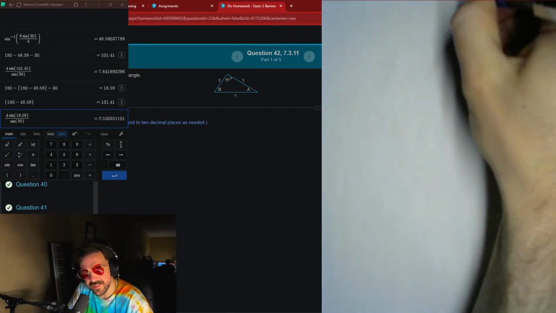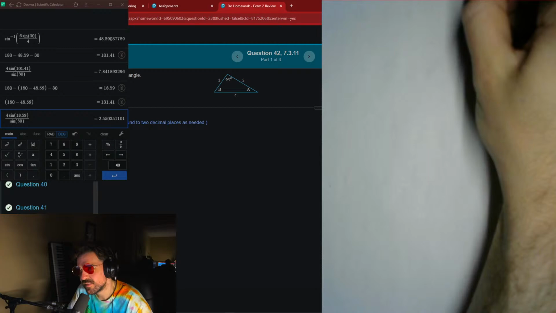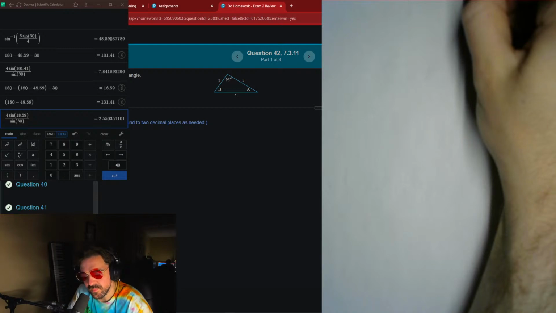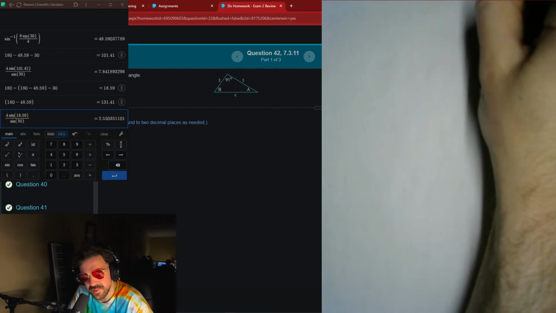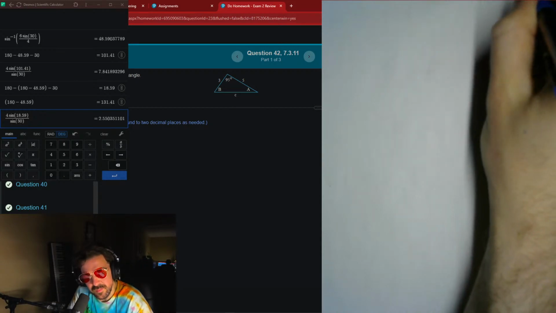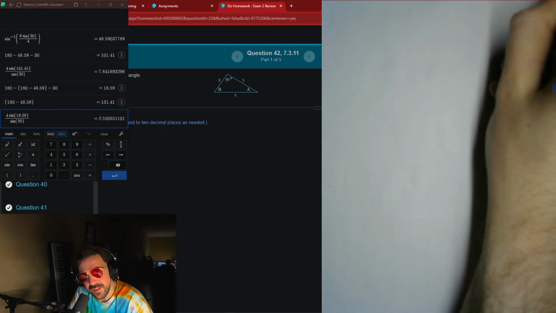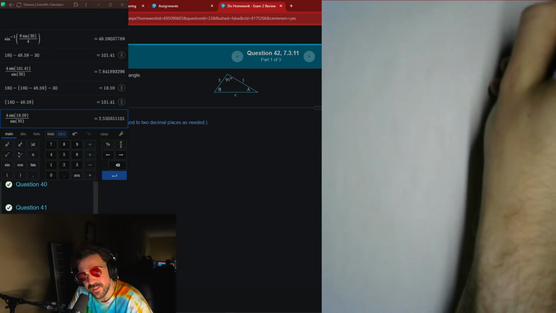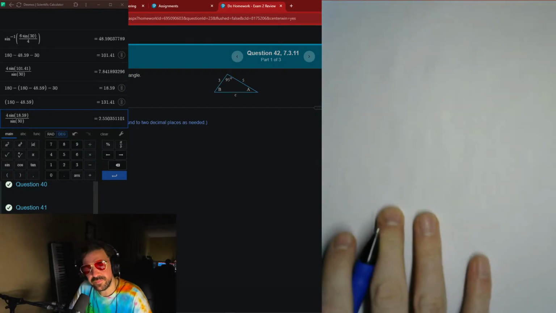Law of cosines. First thing we're finding is a side, for which we use c squared equals a squared plus b squared minus 2ab cosine c. Beautiful.